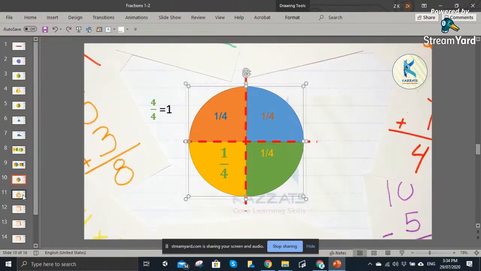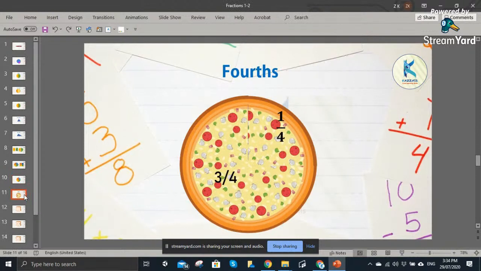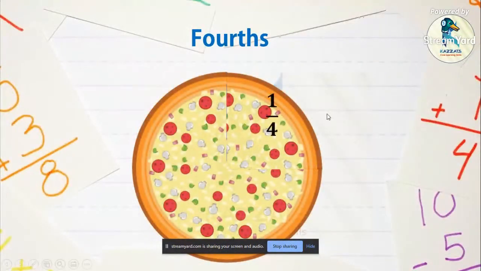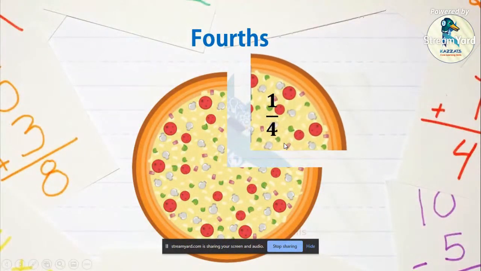Okay, let's move to a few practical examples. When we are talking about 1 over 4, then what happens? Let me have a slideshow if that is okay. This portion is called 1 over 4. Like this is a whole pizza and we have divided it into 4 equal parts.